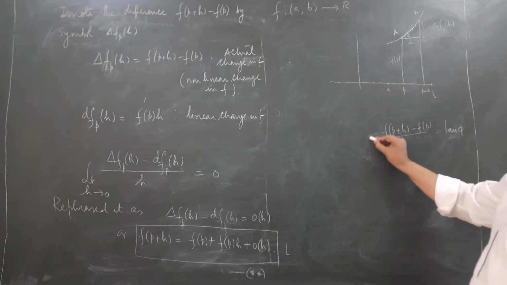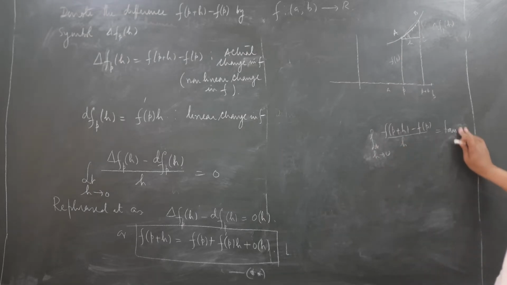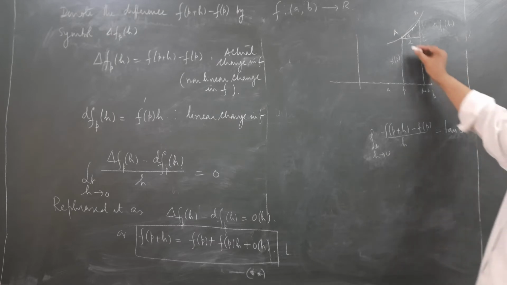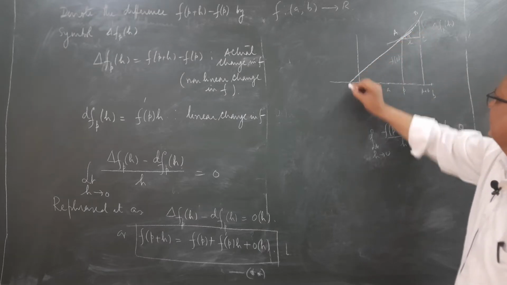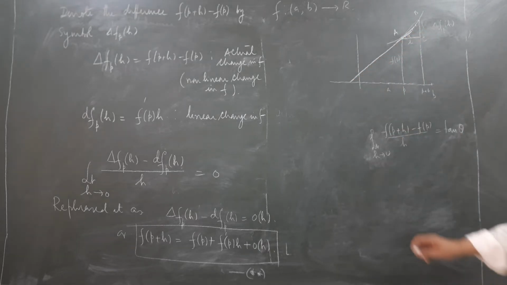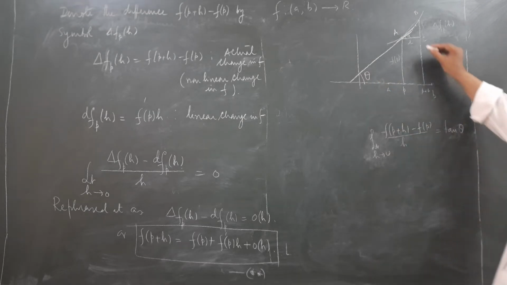And when this h goes to 0, in the limiting case, it will be tan of theta, and this chord will become in fact the tangent. Okay, suppose this angle is theta, so this will become tan theta.